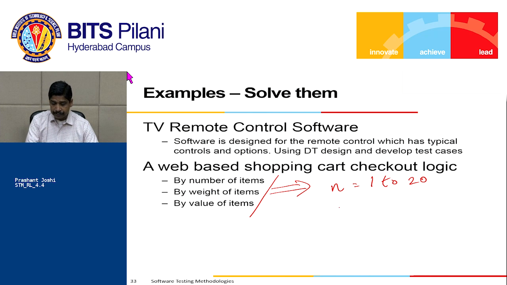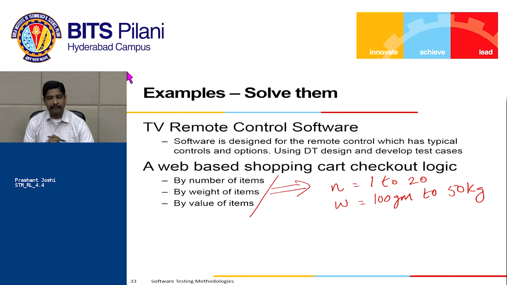Weight of the items, right from 100 grams to 50 kg. And by value of items, we are looking at a minimum 100 rupee item to probably 10 lakh rupee item.